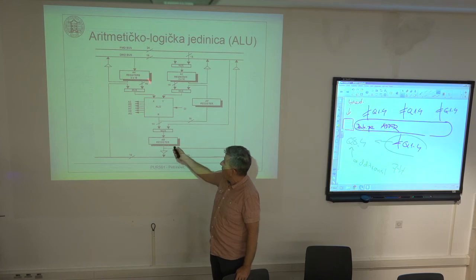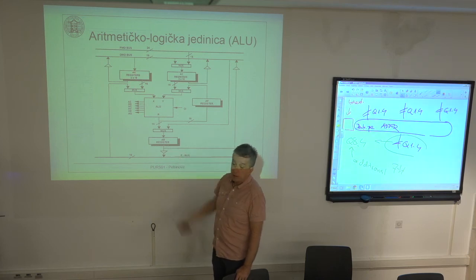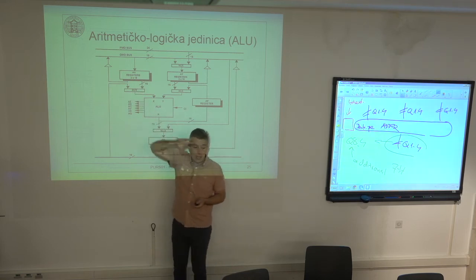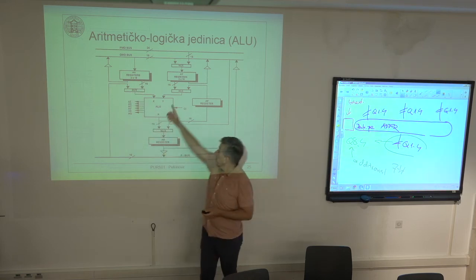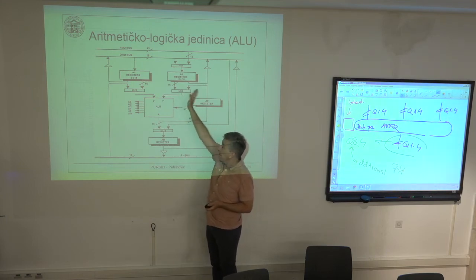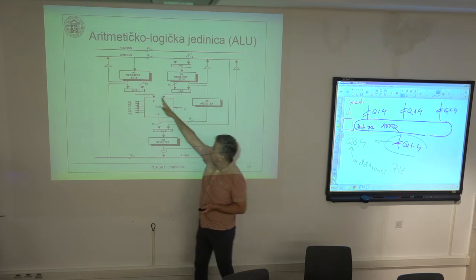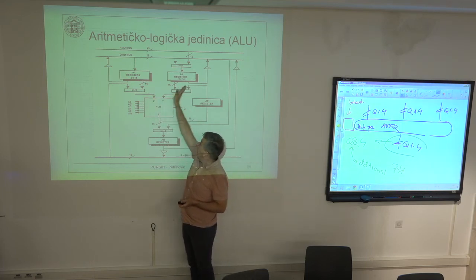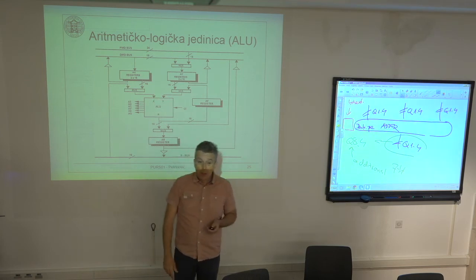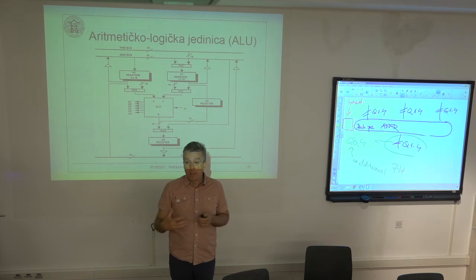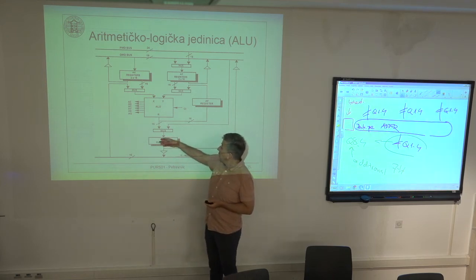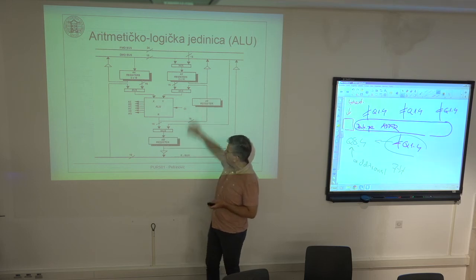Left side argument comes from AX0 register, AX1. I have 2 16-bit registers here, AX0, AX1. The same is for AY, AY0, AY1. I have 2 registers on the right side. I can take any of those 2 here, any of those 2 here, and I compute the ALU instruction. Then the result, the 16-bit result, is stored in register AR or in register AF.